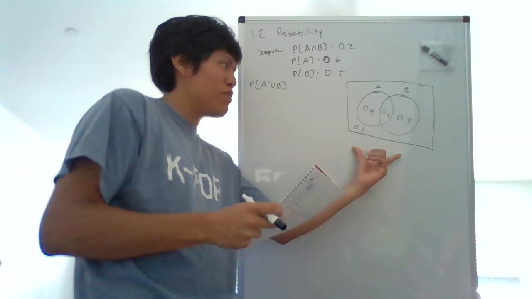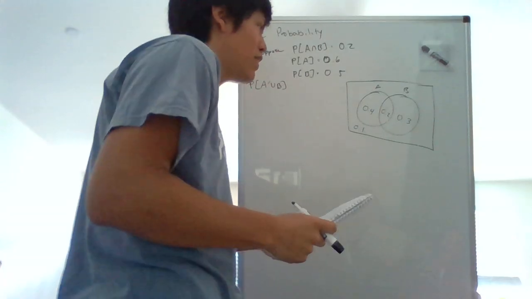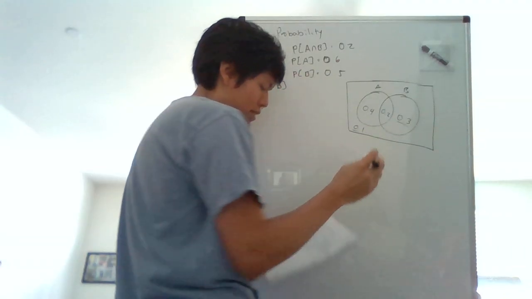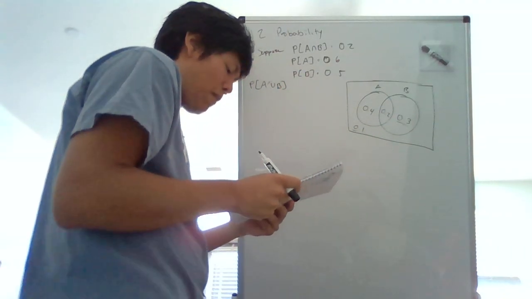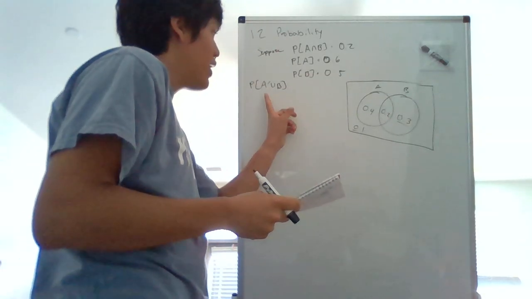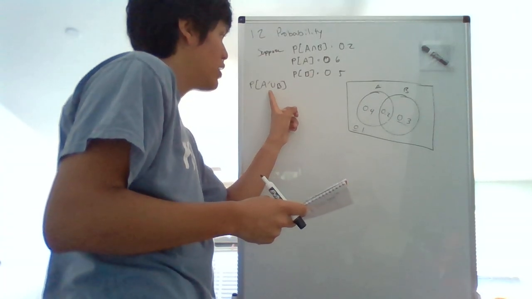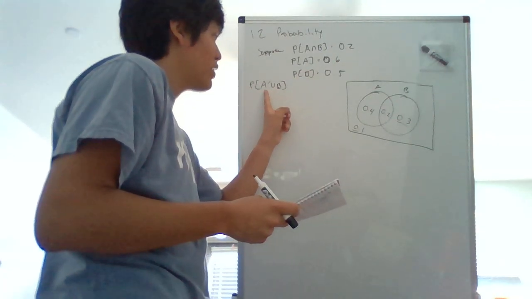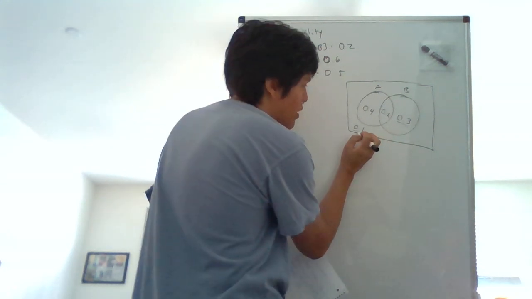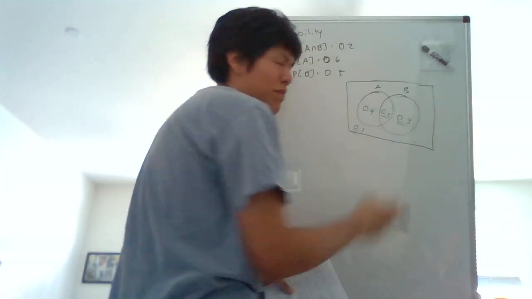So I guess using the diagram over here, everything that is not in A. All right, so again, we're looking at this and this. All right, now we have to look at everything that is in B. So the probability of everything that is in B, which again would be this, this, and now we're looking at this middle section, 0.2.